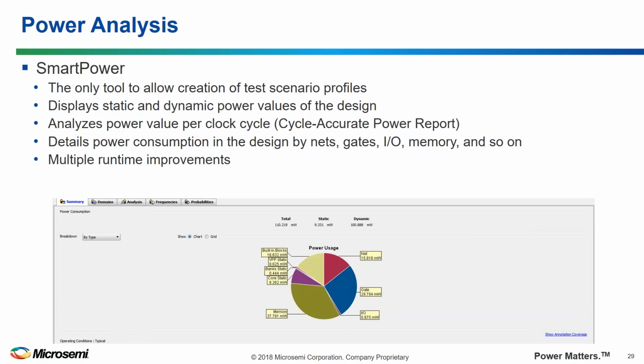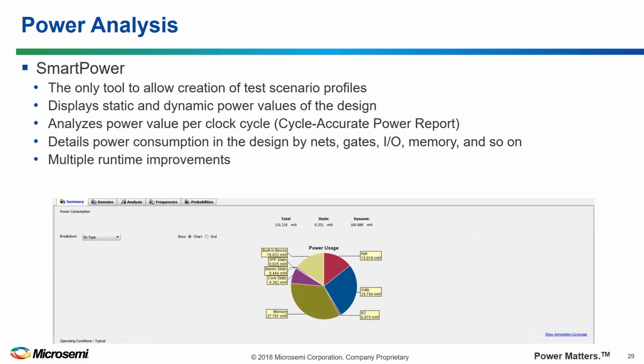So once I know where the power is being consumed, then I can develop some strategies to improve that. We have other tabs too; on the analysis tab, for example, we can drill all the way down through the hierarchy. So you can see where the power is being consumed throughout the design hierarchy.